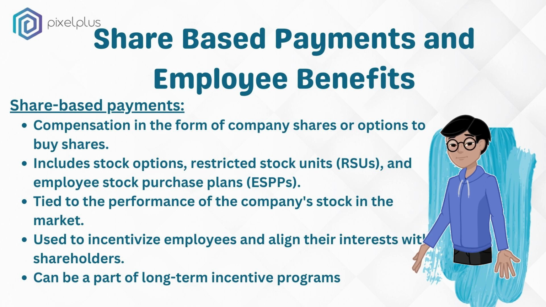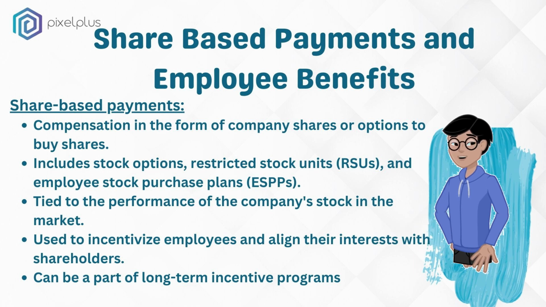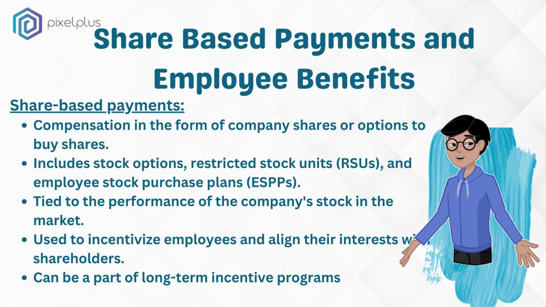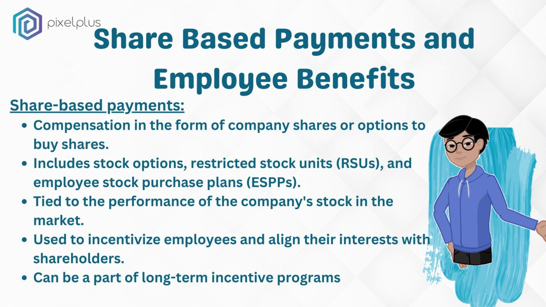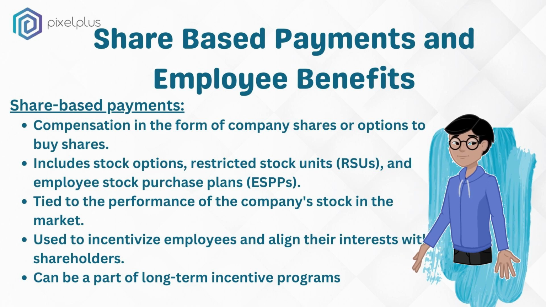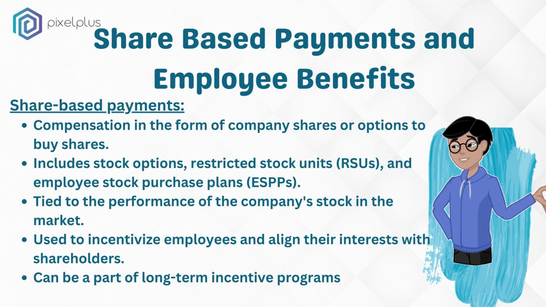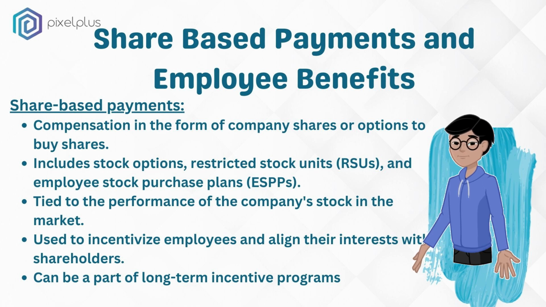In this transaction, the entity issues equity instruments such as shares or stock options to employees or to other parties in exchange for their services. The recipient has the right to receive shares in the company. It also includes stock options, restricted stock units, that is RSUs, and employee stock purchase plans as well, that is ESPP.